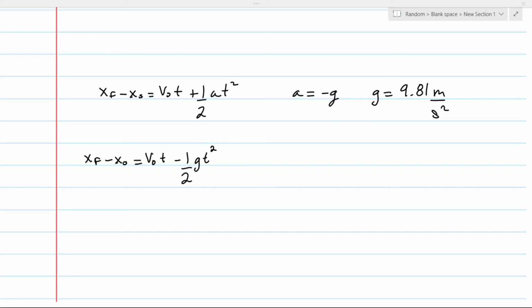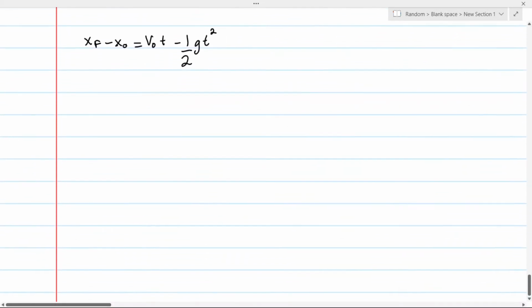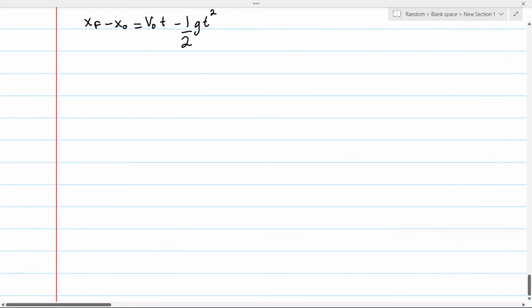Lastly, it's possible to be moving in not just the x coordinate, but in the y coordinate.